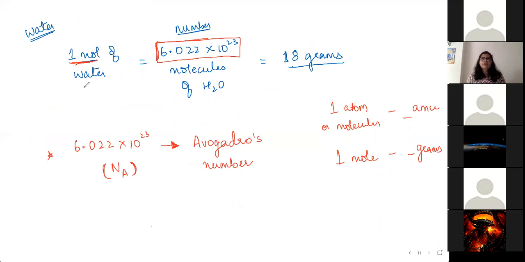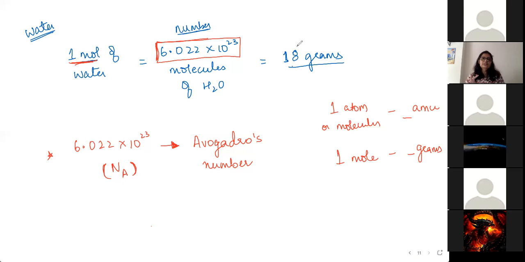Or you'll be asked questions of the type, what is the number of molecules found in 2 moles of water? So then you use, okay, 1 mole has this many molecules, how many molecules are in 2 moles? Or you'll be asked questions based on these two.